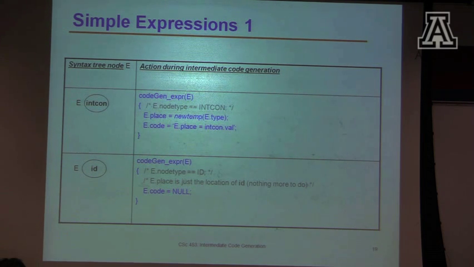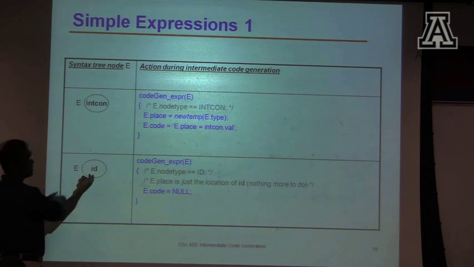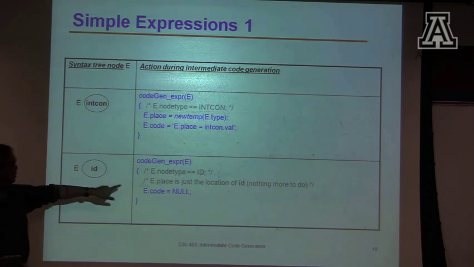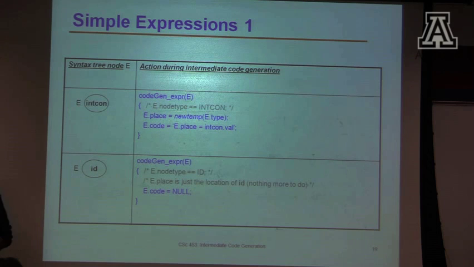There must be, right? We've done type checking, so this must have been declared previously, etc. So there is already a place where the value of this expression lives. I don't need to do anything more, so I don't generate any code for it. Its value is wherever the location for that variable is. Everyone okay with this?